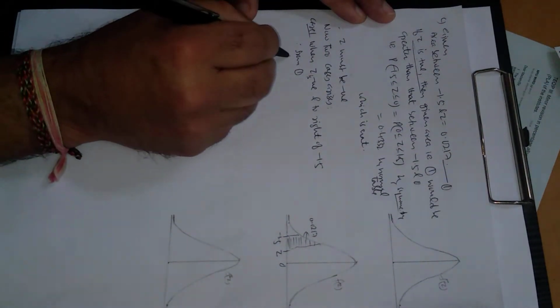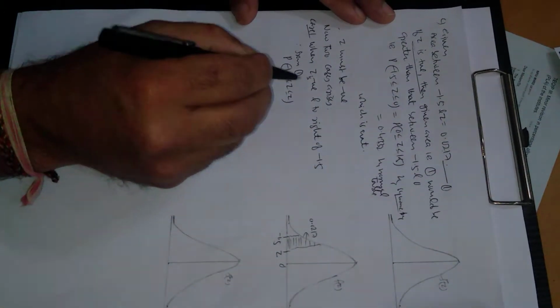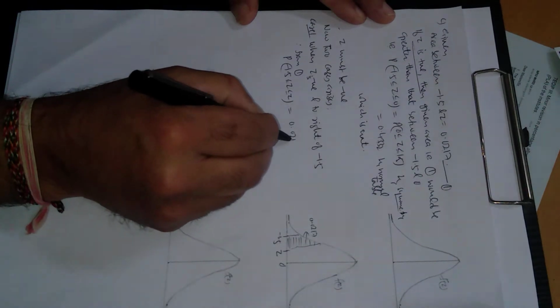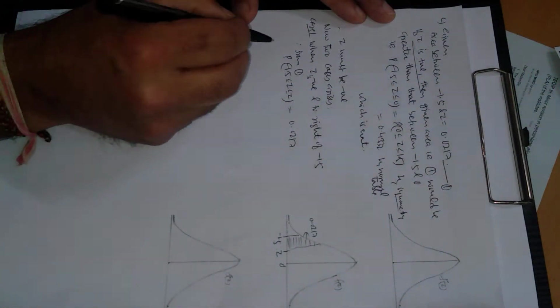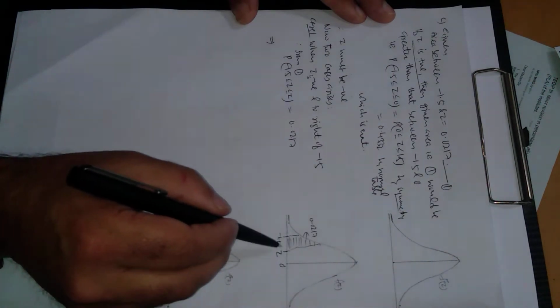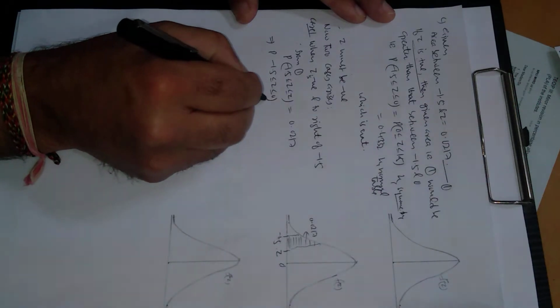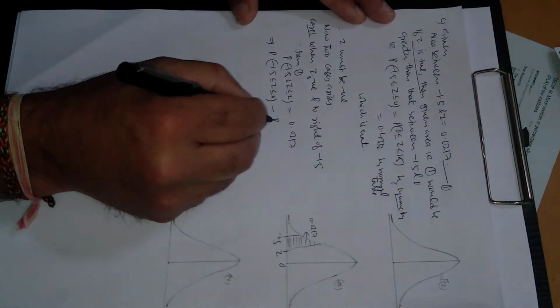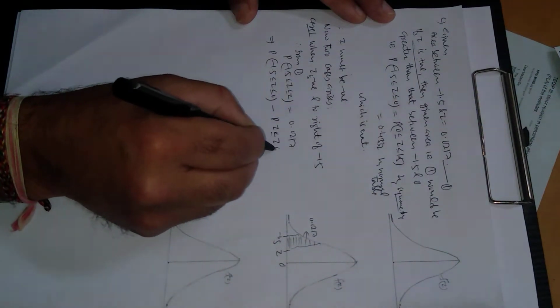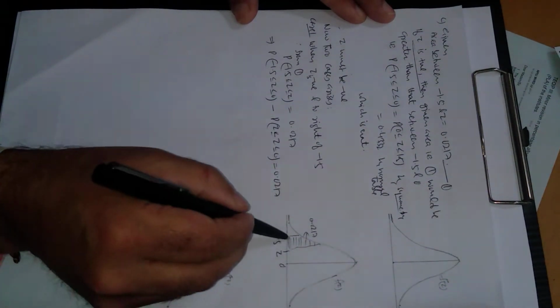Therefore, from 1, probability minus 1.5 less than capital Z less than z, this will be 0.0217. In this diagram, clearly, from minus 1.5 to 0 we subtract z to 0, and we will be left with the shaded portion.